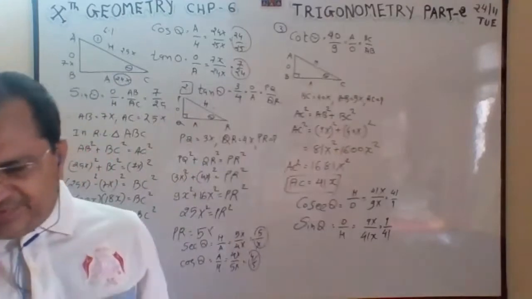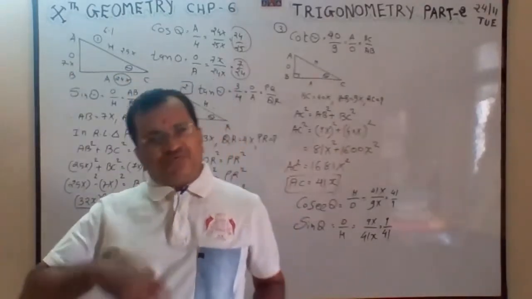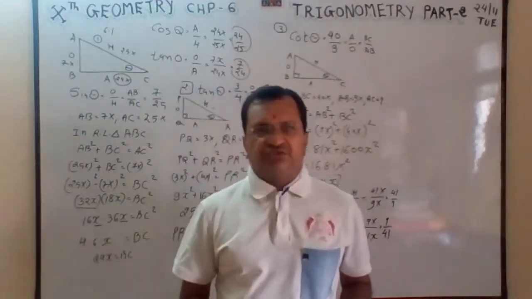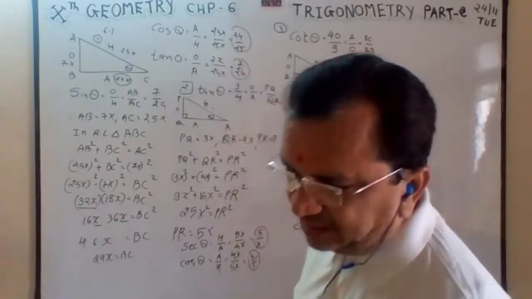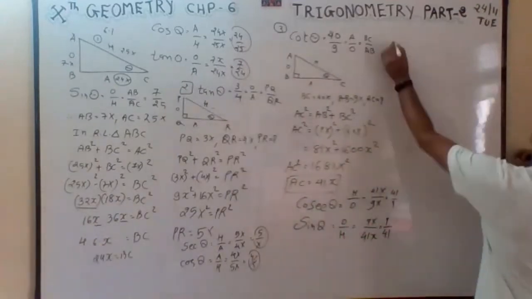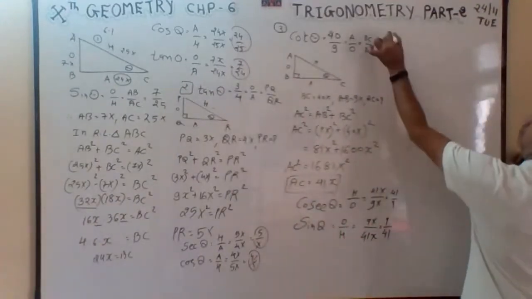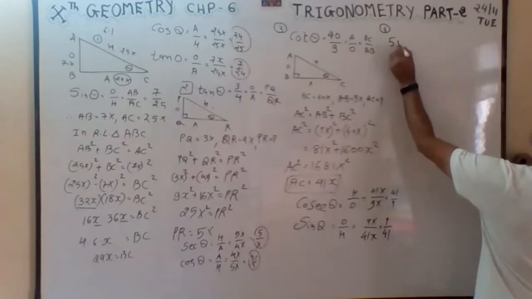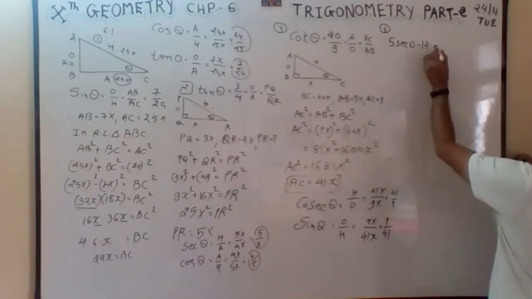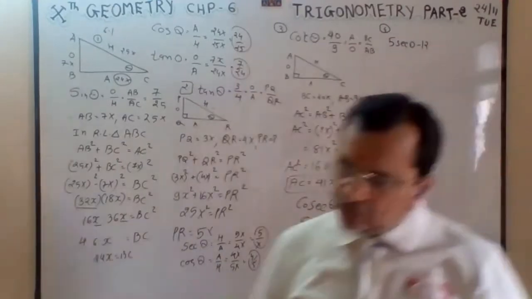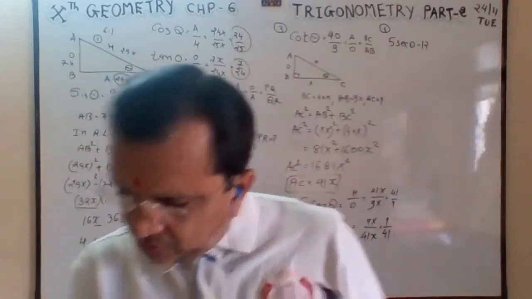In one, two, three, they have given the direct ratio. In the fourth one, they have given a ratio, but indirectly: 5 sec theta minus 12 cosec theta.